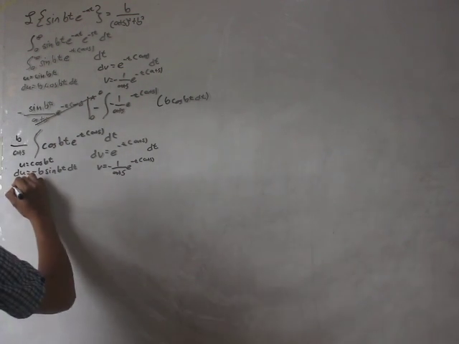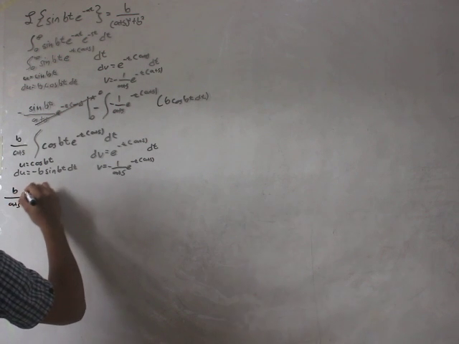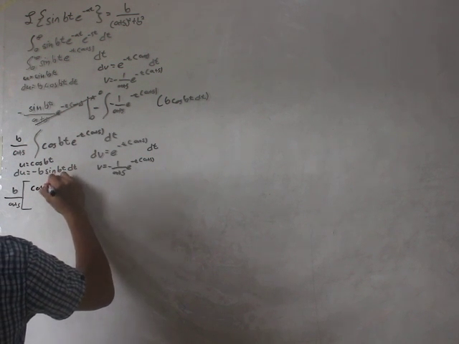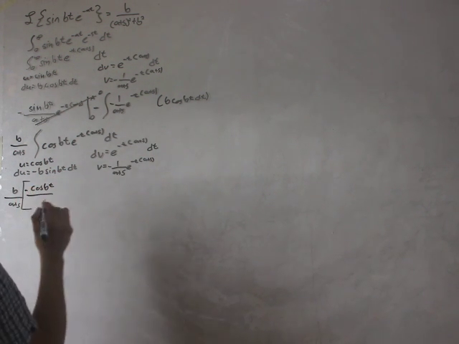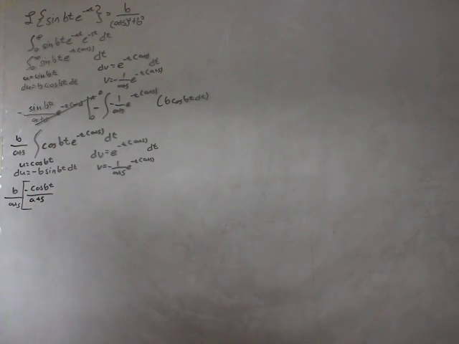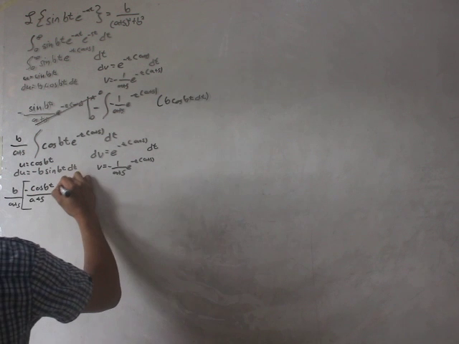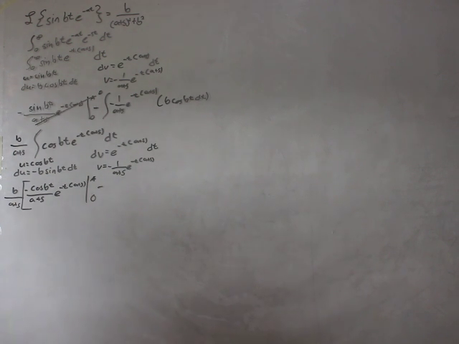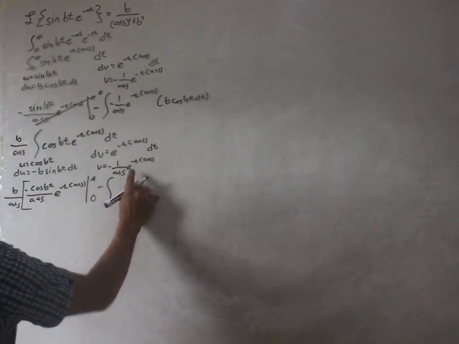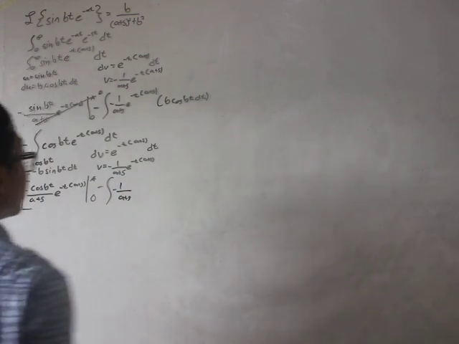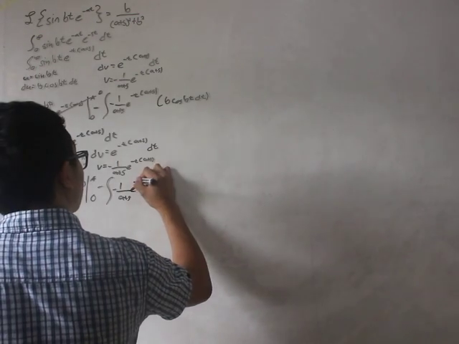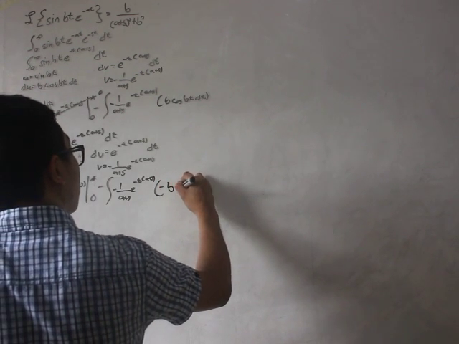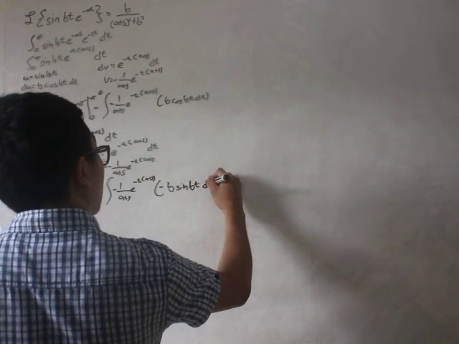Don't forget b over (a plus s) times our u, cosine bt, times v, negative 1 over (a plus s) times e raised to negative t(a plus s), from limit 0 to a very large number, minus the integral of negative 1 over (a plus s) times e raised to negative t(a plus s), times our du, negative b sin bt dt.